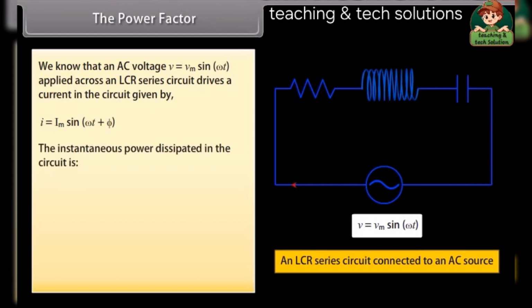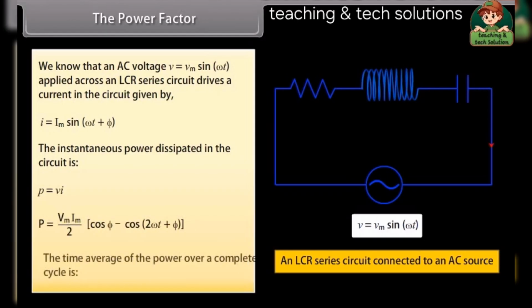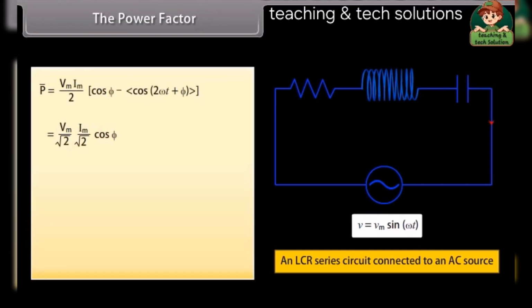The instantaneous power dissipated in the circuit is P equal to Vi. The time average of the power over a complete cycle is given by V RMS into I RMS into cos phi.